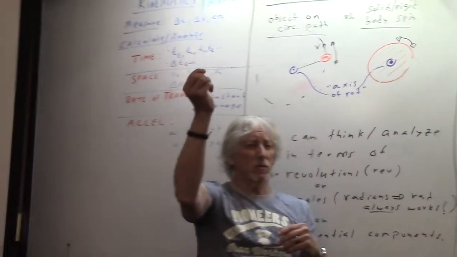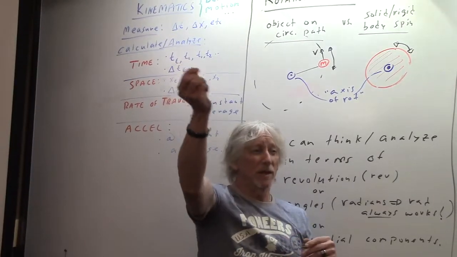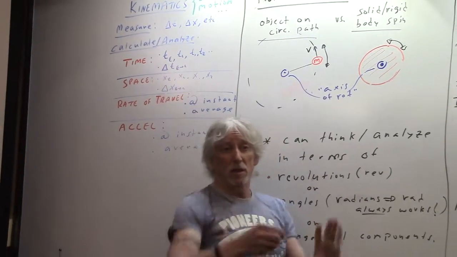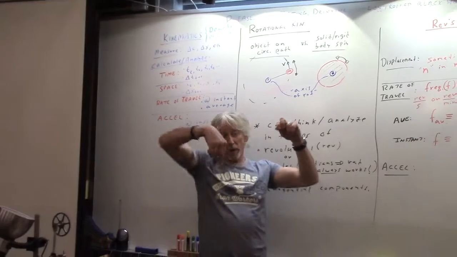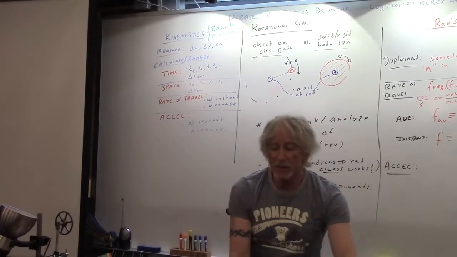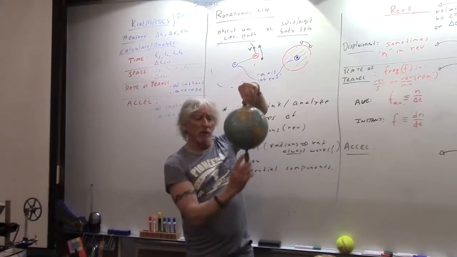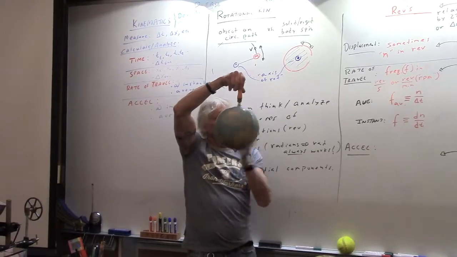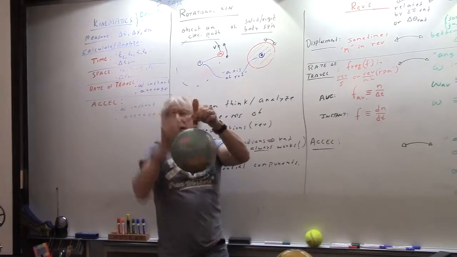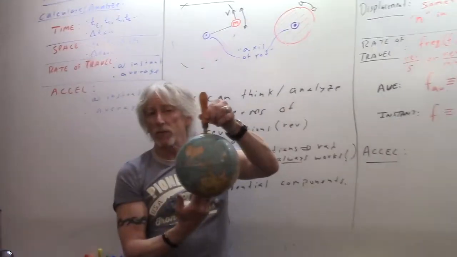Which way is the axis of rotation of this? Pointing up. Pointing up or down, whichever way you do it. The axis is like an axle. This is the axis of rotation, and here's the rotation. So that's going to be a very useful thing for us.